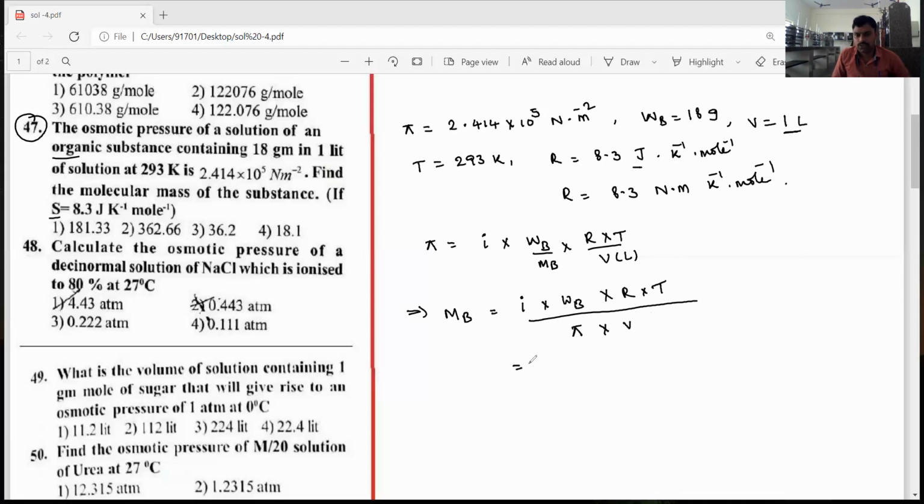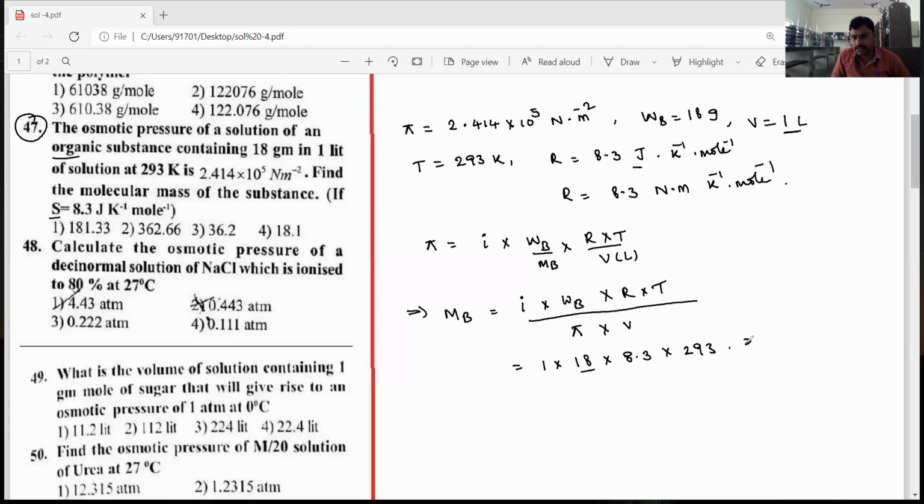Just substitute the given values. The i value is 1, WB is 18, the R value is 8.3, and the temperature is 293. Just write the units.